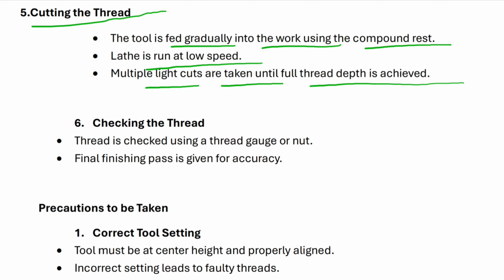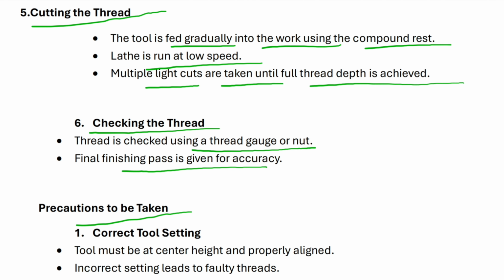The lathe is running and starts cutting, and we achieve the thread depth gradually. Then we check the thread using a thread gauge or nut, according to the diameter of the thread we need, and finally finish the pass. You will get an accurate thread.